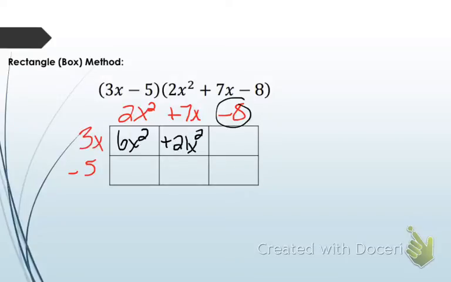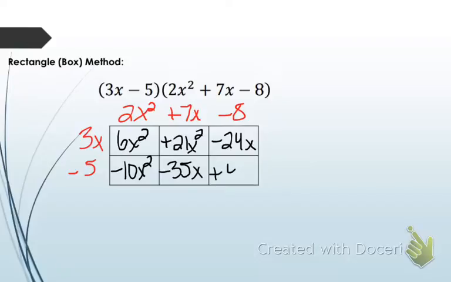This times that, negative 24x. This term times that term, negative 10x squared. This term times that term, negative 35. And lastly, this term with that term, positive 40.